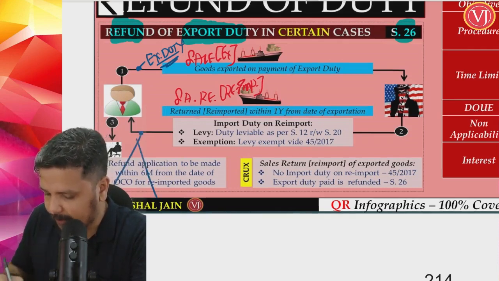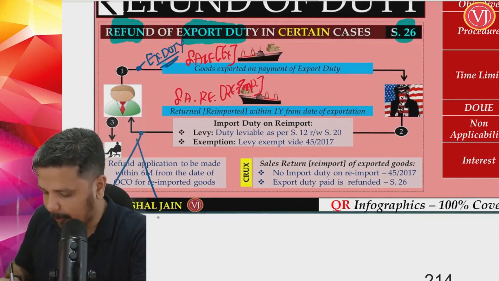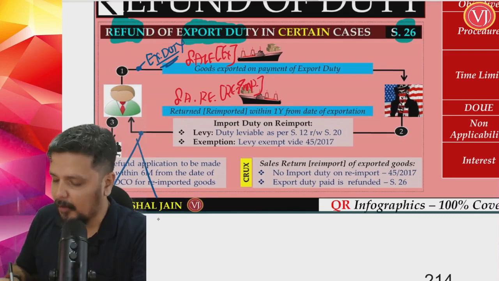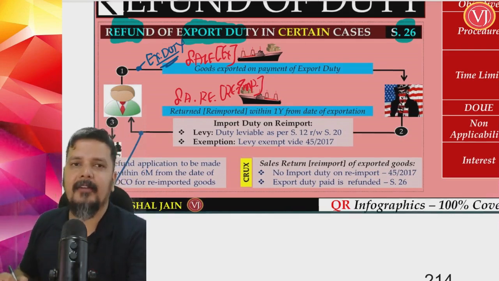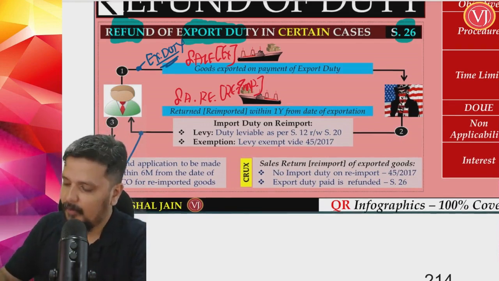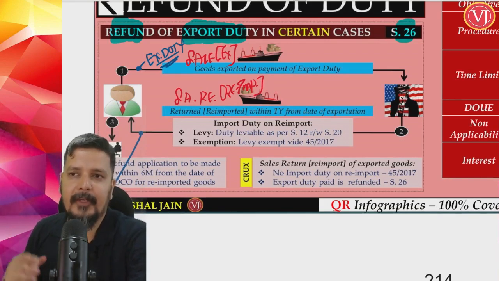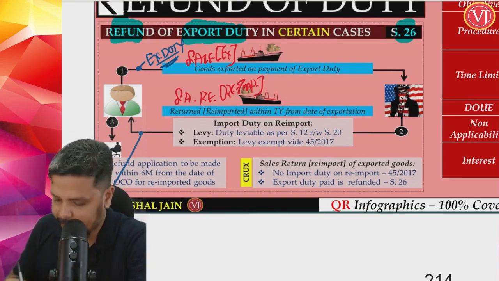You need to understand two things. There will be import duty application, and there's something about the export duty payment that you have made. What about import duty? Before understanding section 26, we have already discussed what about import duty. What will be the import duty in case of sale and sale return in terms of notification 45/2017?